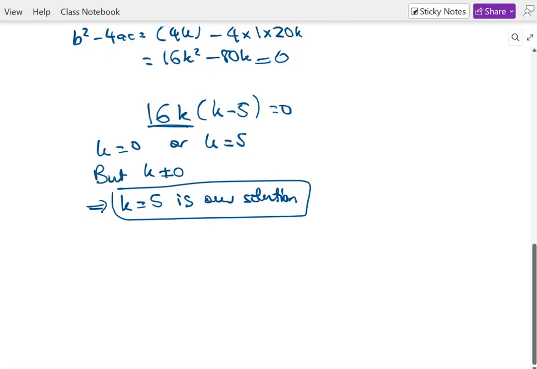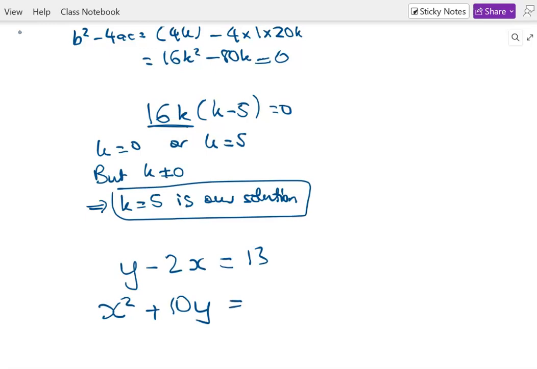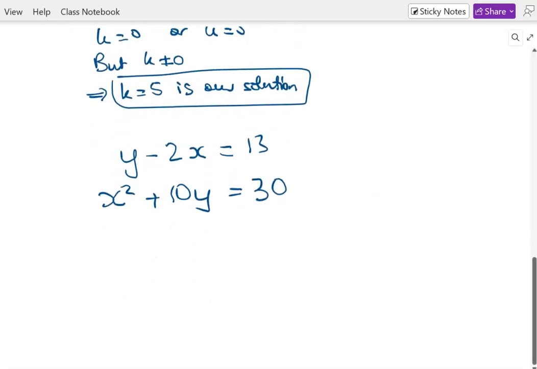So we'll substitute 5 back in and we get y minus 2x is equal to 13 and x squared plus 10y is equal to 30. So rewriting this gives me x squared plus 10 times (13 plus 2x) equals 30.